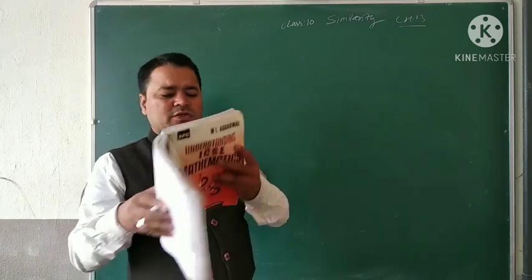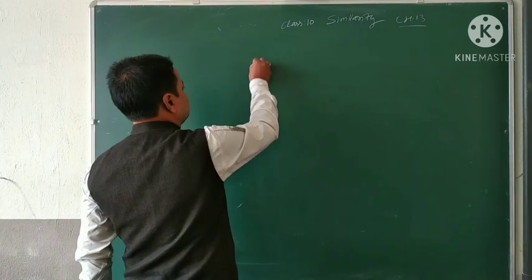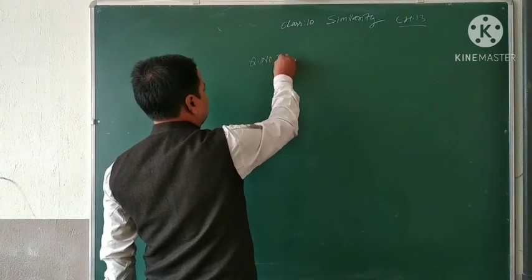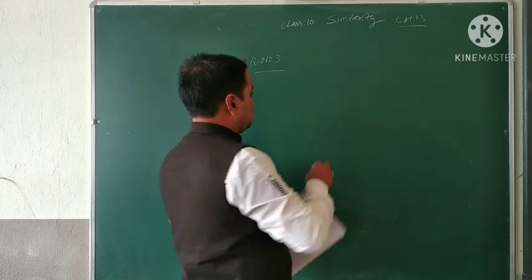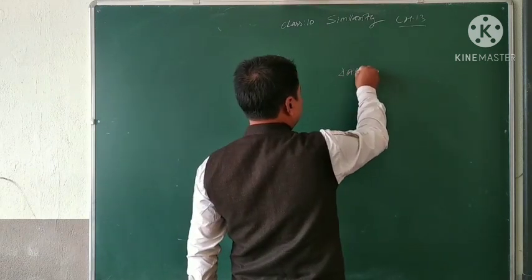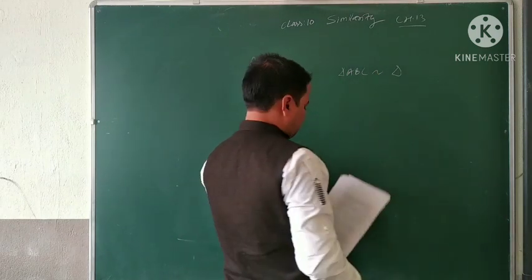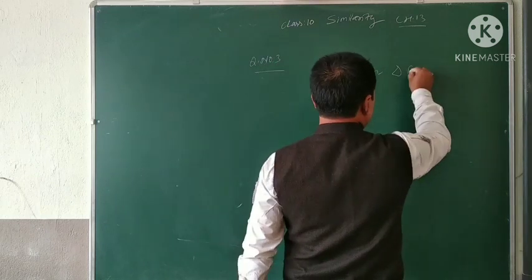Here, what is given in question number three? Triangle ABC is similar to triangle EDF.